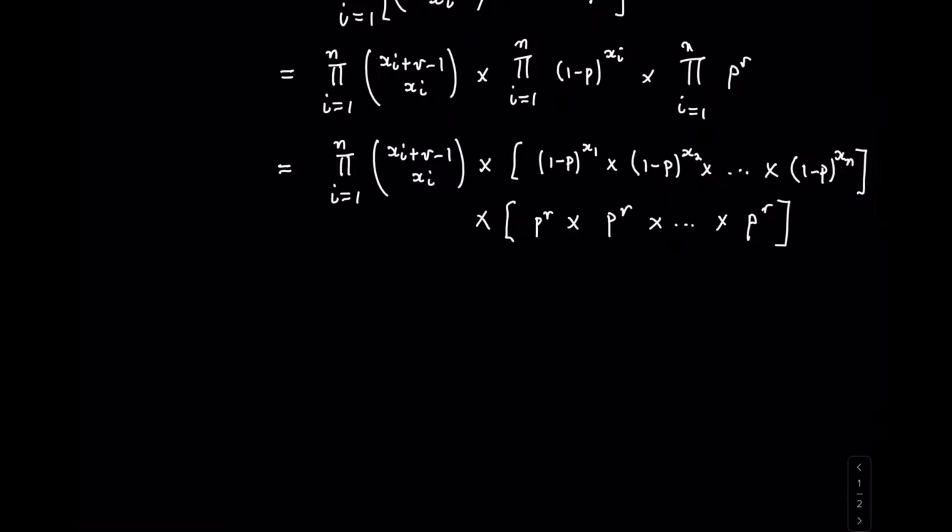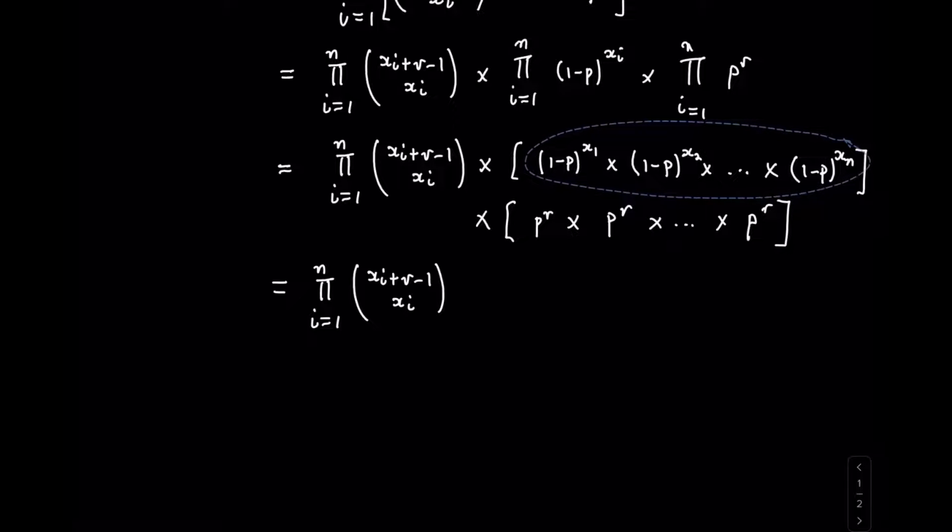So then after a little bit more simplification, the term at the front doesn't really change, so I'm going to copy that down and leave it as is. With the second term in the sequence, we can actually use one of the power laws here. In this instance, we've all got the same base of 1 minus p, which means we can add all the powers together.